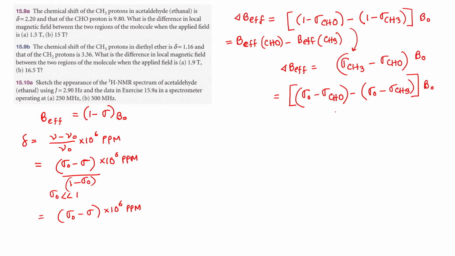Nu minus nu 0 is actually delta of CHO into 10 to the power minus 6 ppm, minus delta of CH3 into 10 to the power minus 6 ppm inverse, multiplied by B0.